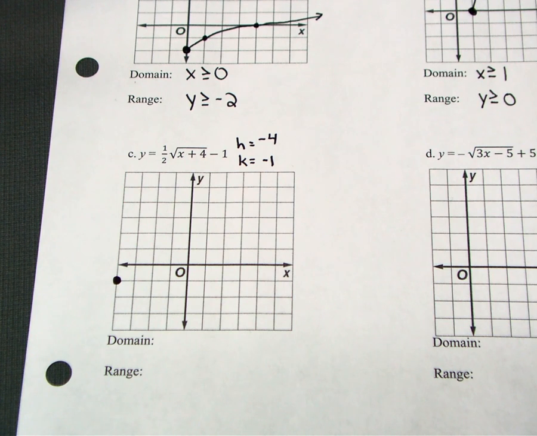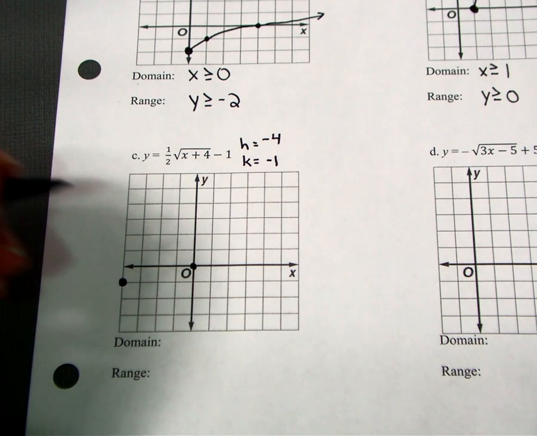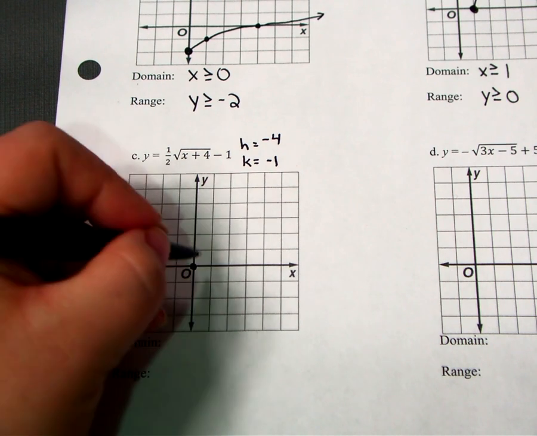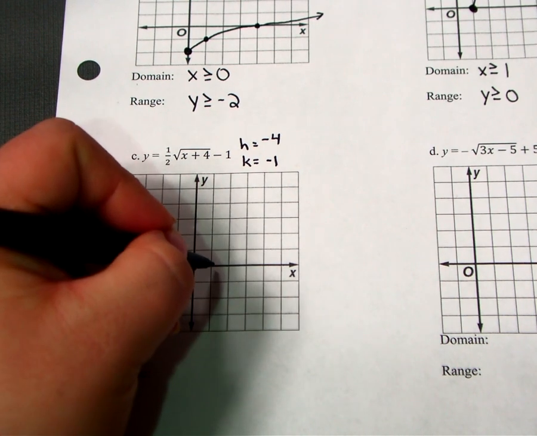What are some other nice points? 0, 0. What else? 12, 1 doesn't probably fit on there, but you could probably extend it to get there. I would argue that you could do 5.5.